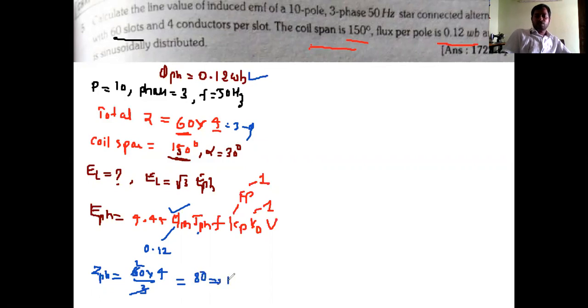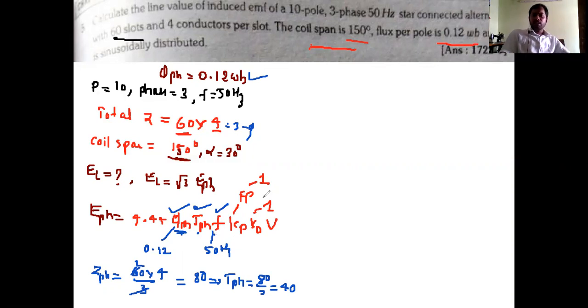Turns per phase is Z by 2, 80 by 2, which is equal to 40. Frequency he gave directly, 50 hertz. In all the problems we solved, flux is given directly because there is no relationship.